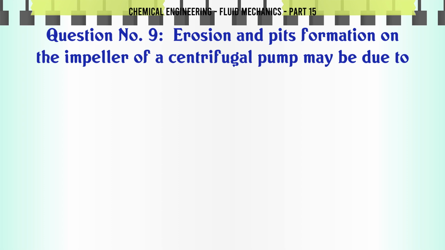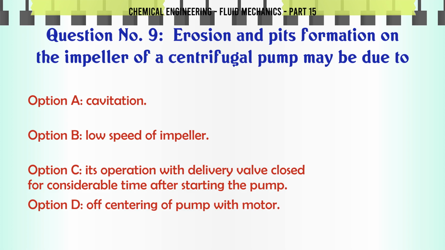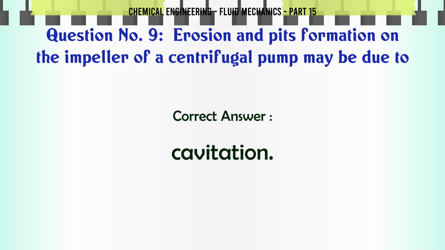Erosion and pits formation on the impeller of a centrifugal pump may be due to: A, cavitation; B, low speed of impeller; C, its operation with delivery valve closed for considerable time after starting the pump; D, off-centering of pump with motor. The correct answer is cavitation.